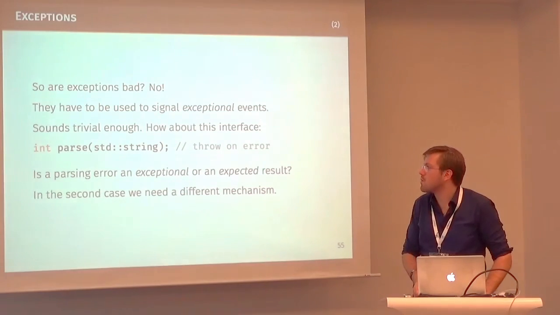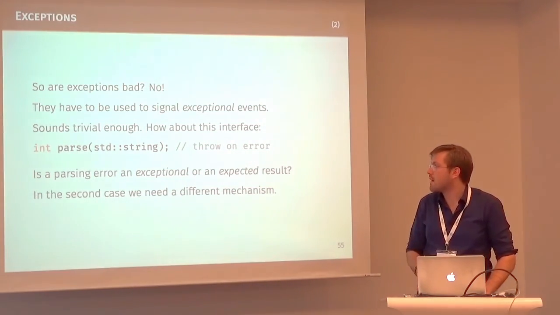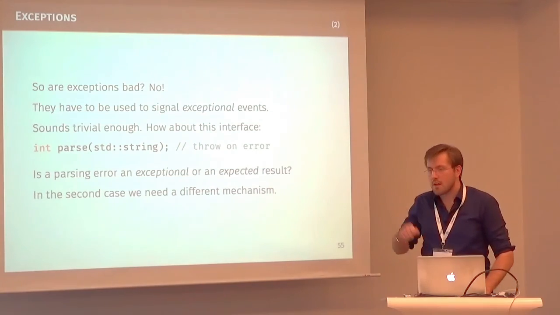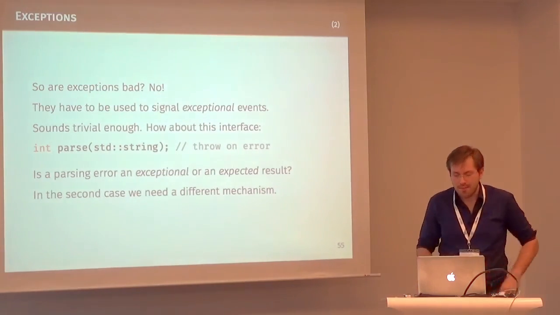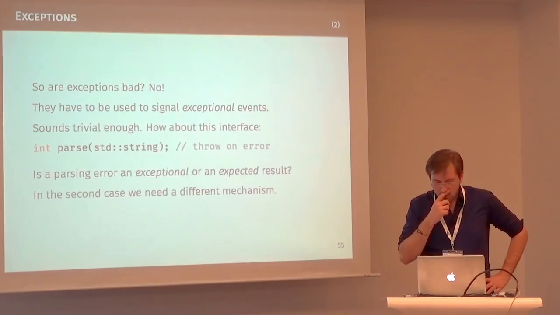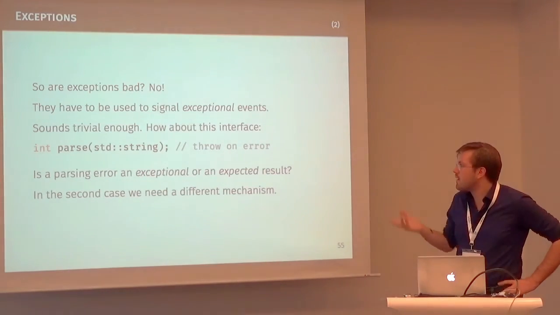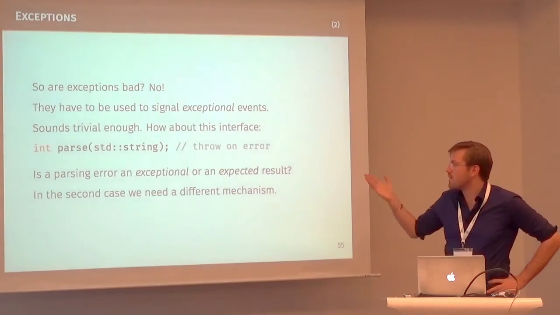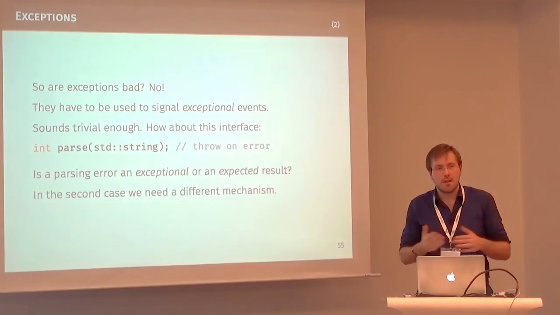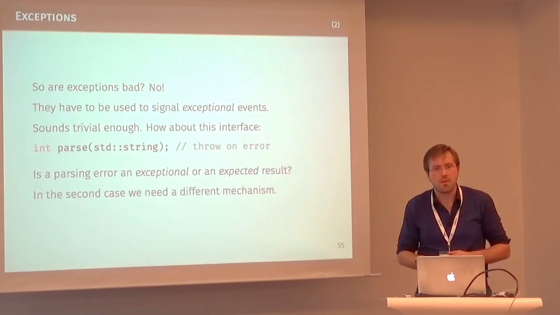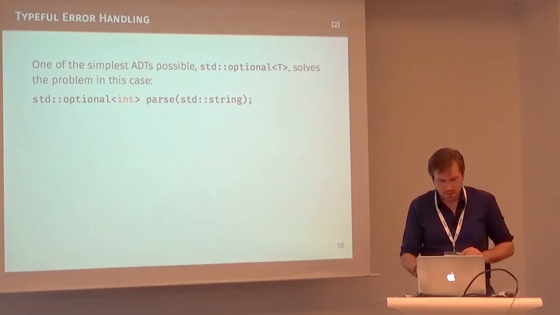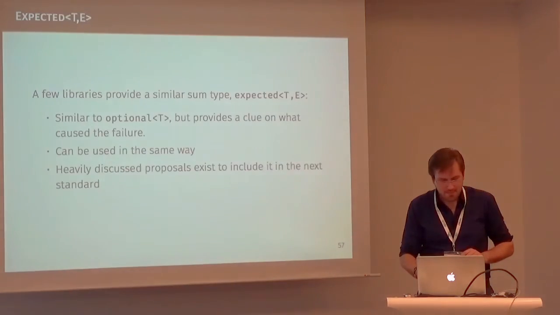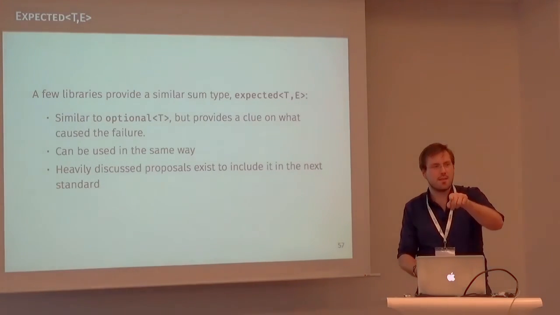So you could have an invariant in your code and call this parse function only on well-formed strings. So we cannot say a priori, right in the parse function, if the parse error is an exceptional case or not.